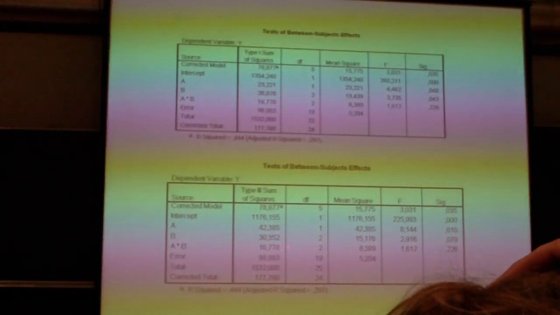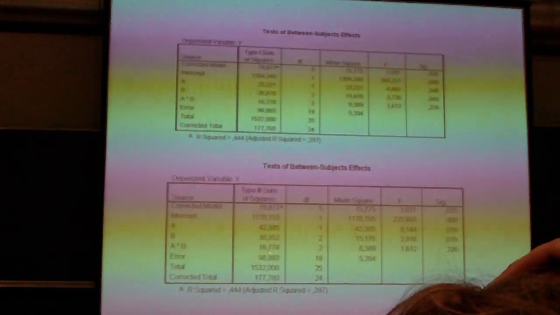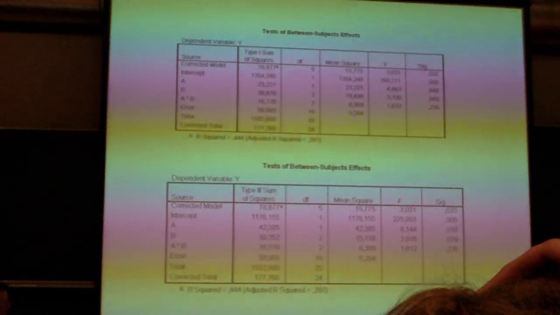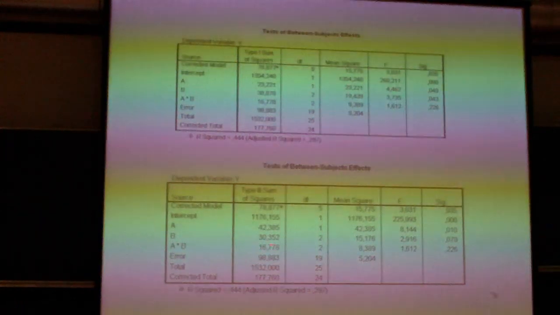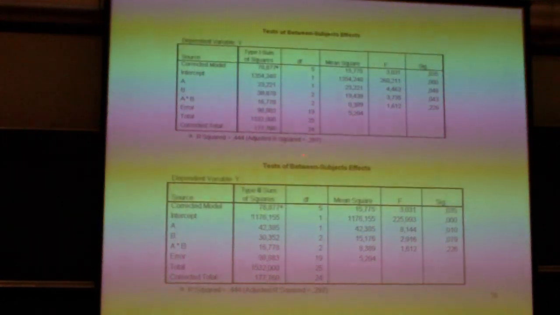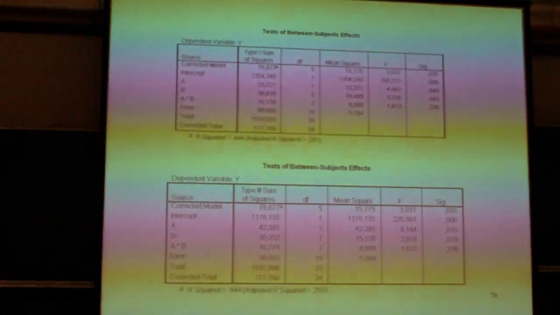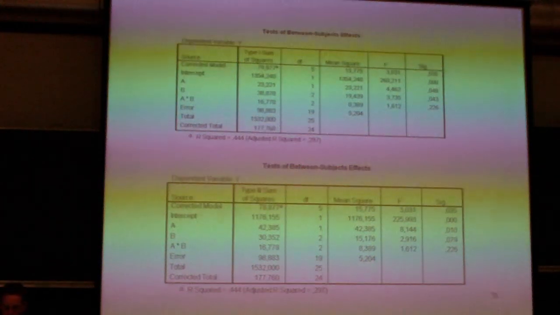And you can see that this particular value is the same as what you can see in the lower table, where all the sums of squares are unique sums of squares. So this part of the sum of squares pertaining to the interaction effect does not overlap with A or B, and that's of course the same as what we should find over here, because A is not corrected for anything, B is only corrected for the main effect of A, but the interaction is corrected for both of the main effects, so that's truly unique.